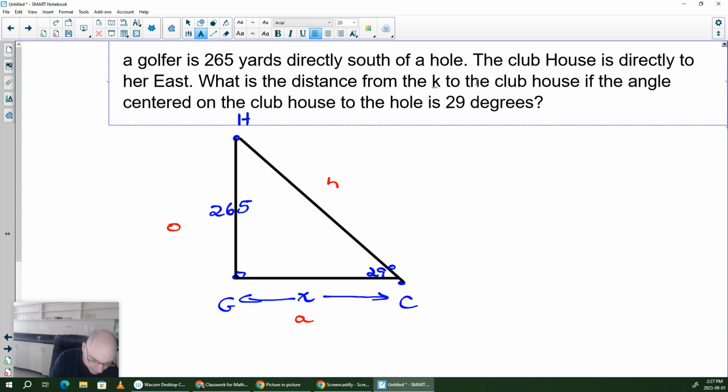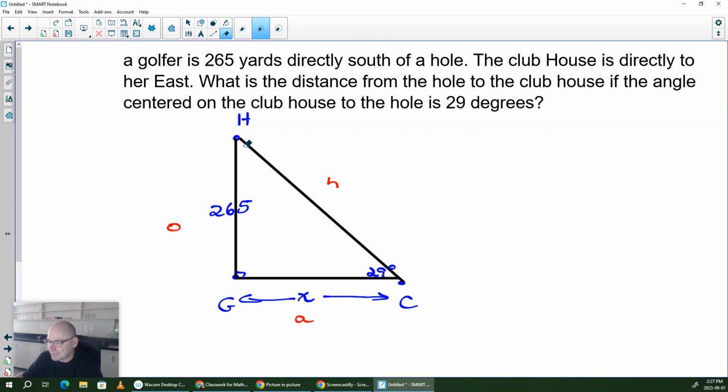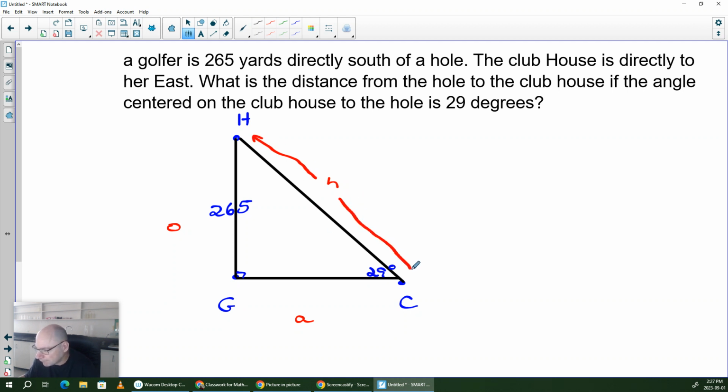Okay, my mistake. I want to use sine or cosine. So then we're going to change this as well here. Okay, we want to find this distance. That's our x.